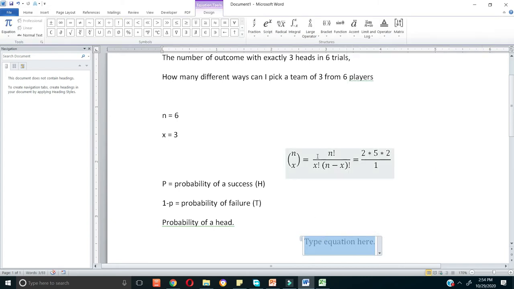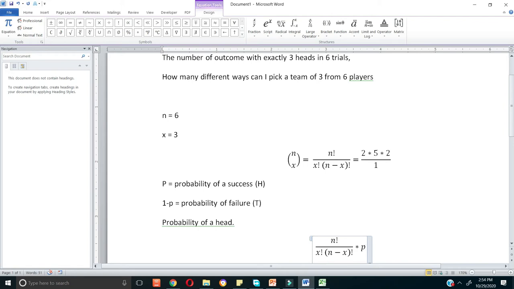I'm just deriving this, then we shall check back and see if it is actually the correct formula. So it's going to be that combination, and then you're going to multiply this by the probability of getting a success.